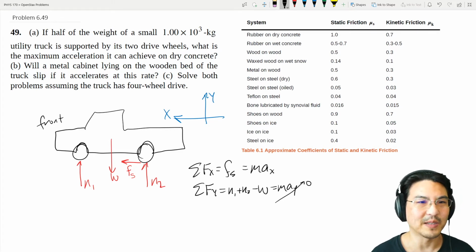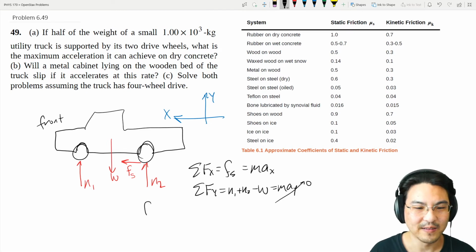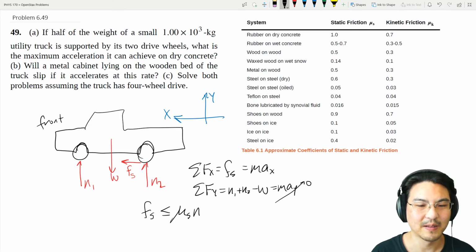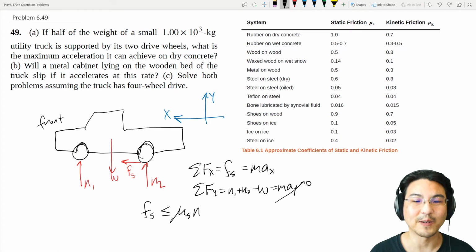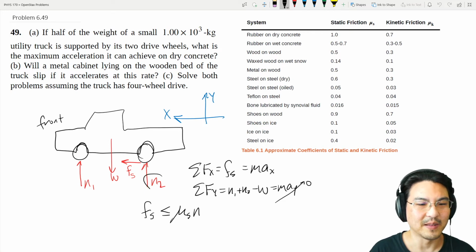Okay, and then what do we know about friction? We know that static friction is less than or equal to mu s times N. That's the coefficient of static friction, and that's the normal force. We were told that half the weight is supported by its drive wheels. So this is half of the weight, and this has got to be the other half of the weight.